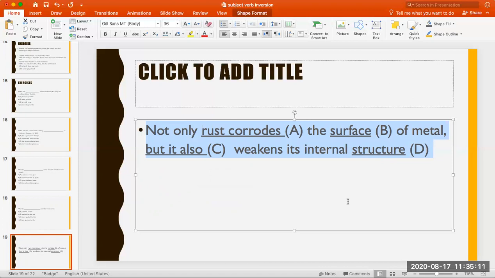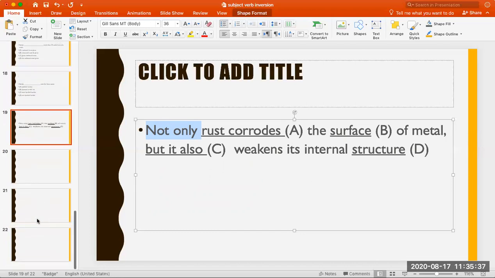Not only rust corrodes the surface of metal, but it also weakens its internal structure. Pause the video again and think about it. Look at this. The sentence begins with not only, a negative expression. So after it should be verb, subject, not subject, verb.